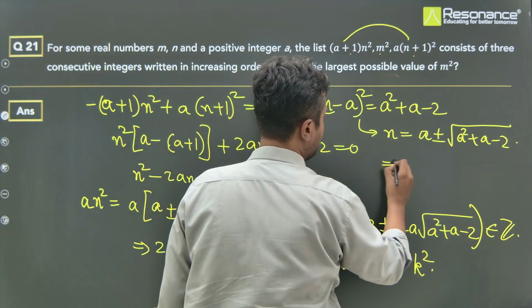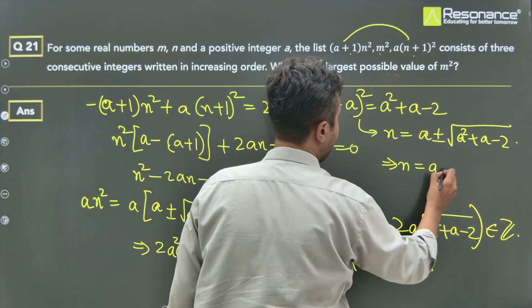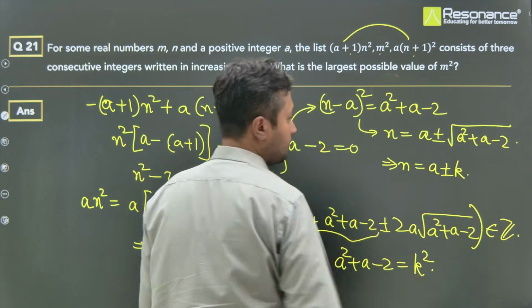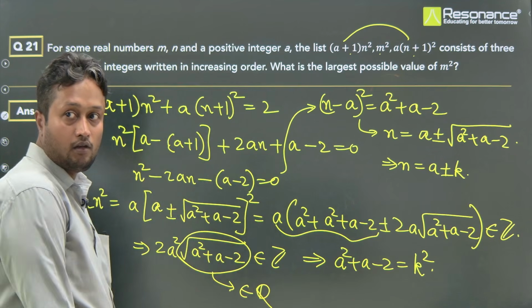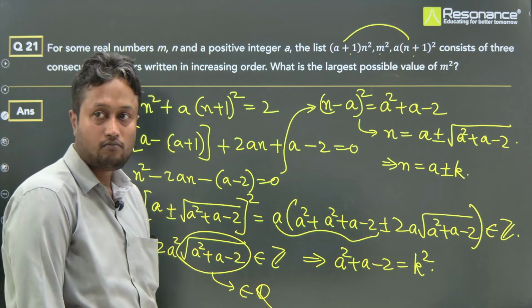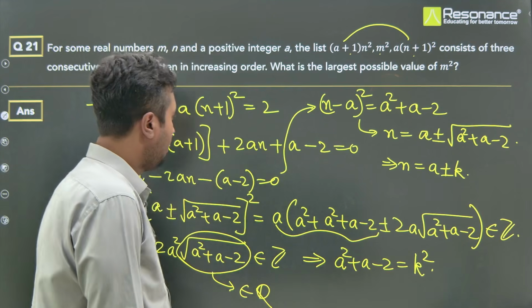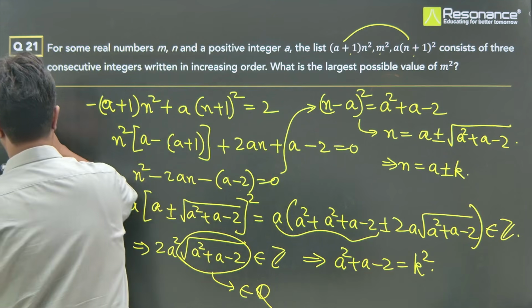So that means that n itself is a plus minus the number k.